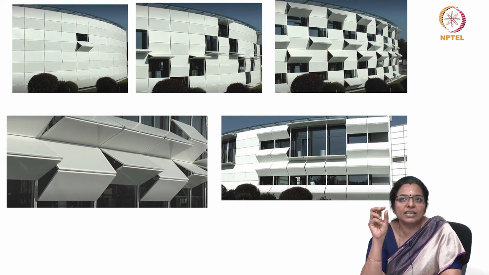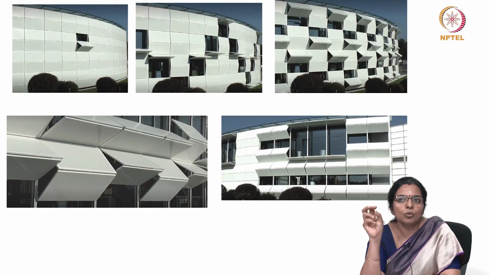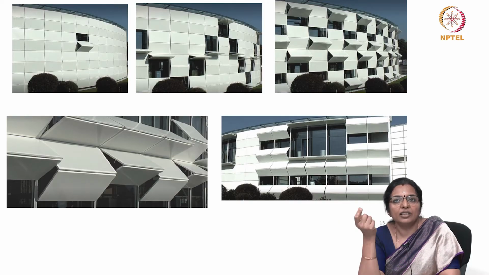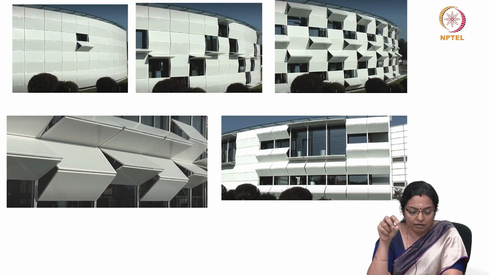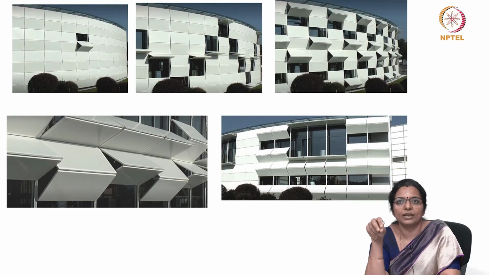So, this building is clad in the entire south part. It is actually a showroom. So, they have clad this showroom on the southern side with a wall or a layer of white aluminum louver panels which will open and shut, and this is controlled by an electronic device. Electronic control and horizontal hinges control it.